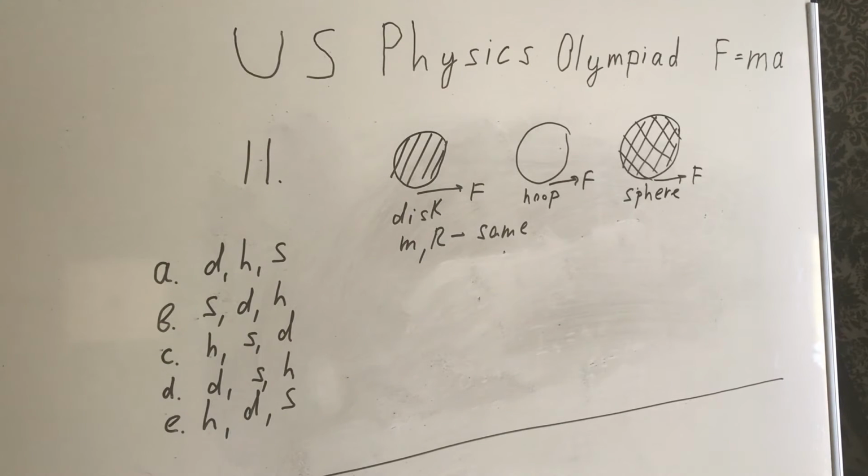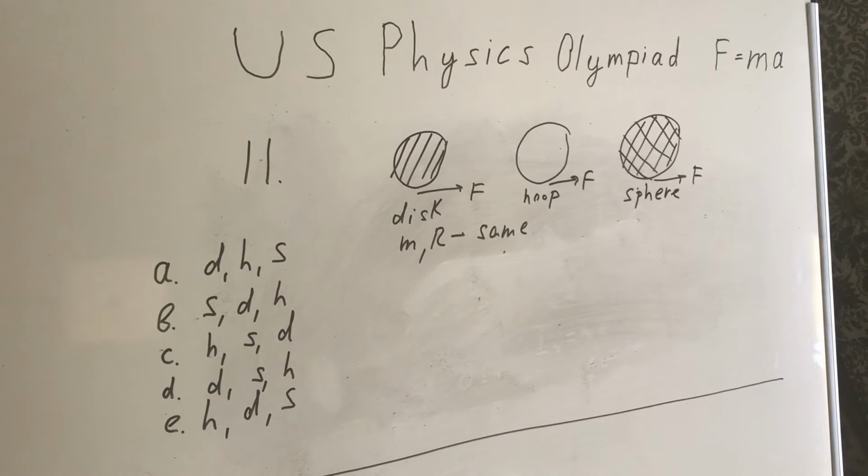Assume the hoop is connected to the rotational axis by light spokes. With the objects starting from rest, identical forces are simultaneously applied to the rims as shown. Rank the objects according to their kinetic energy after a given time t from rest, least to greatest.